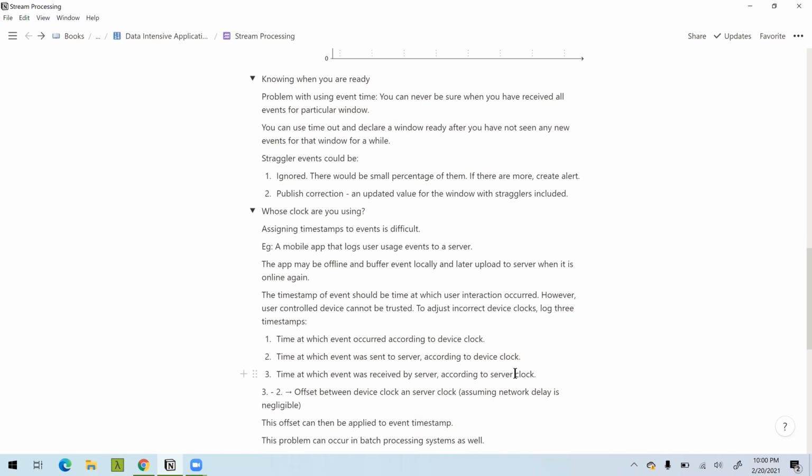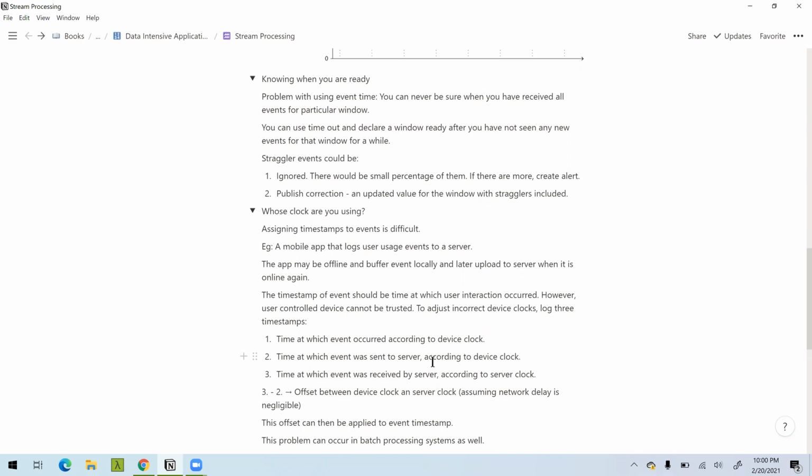Then I know that this user's machine was incorrect by 5 minutes. So whatever timestamp of the event he has sent me, I will adjust that offset from that event, and then I will get the right value.